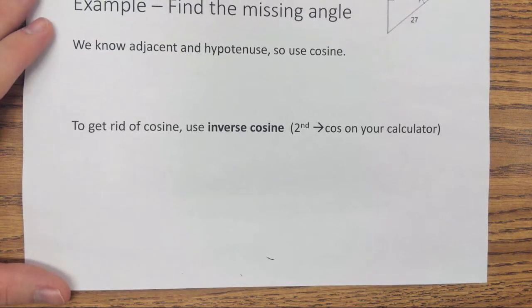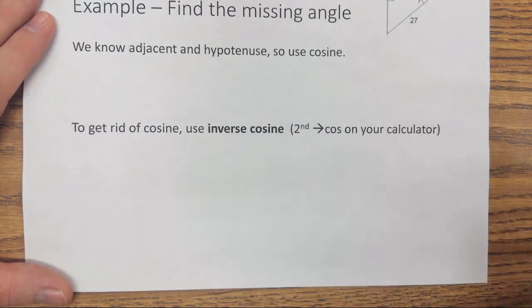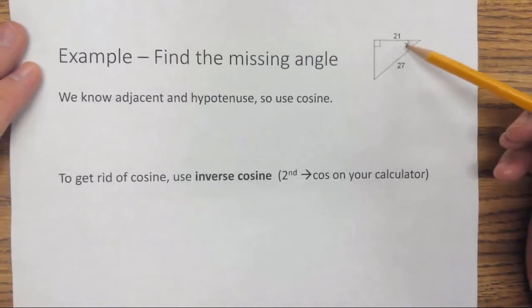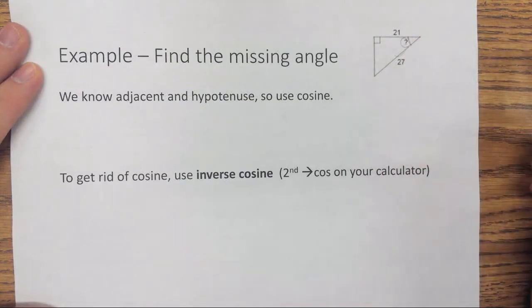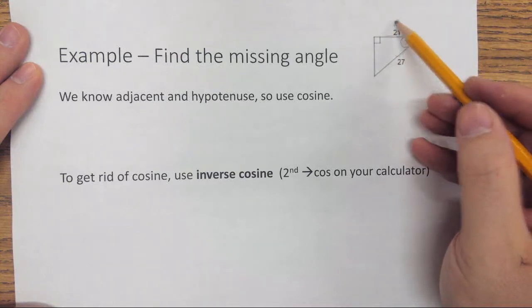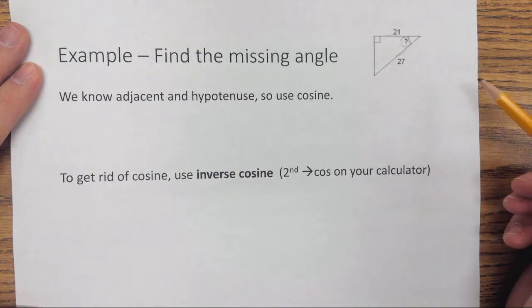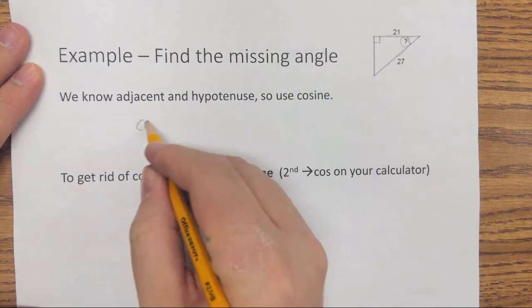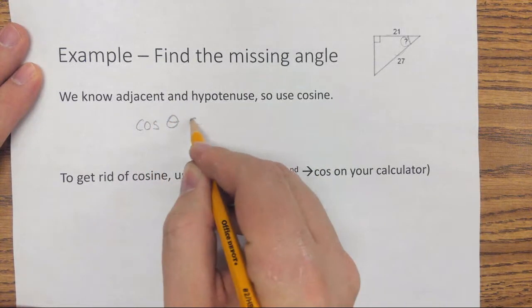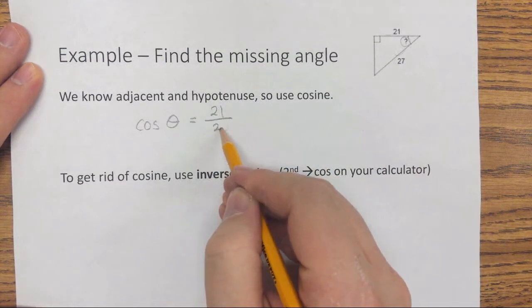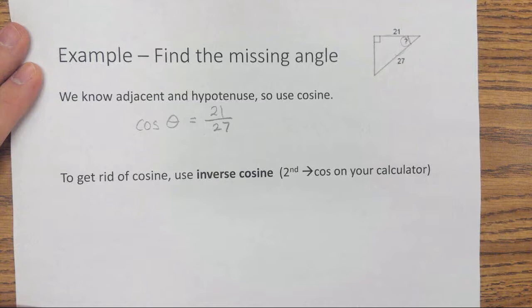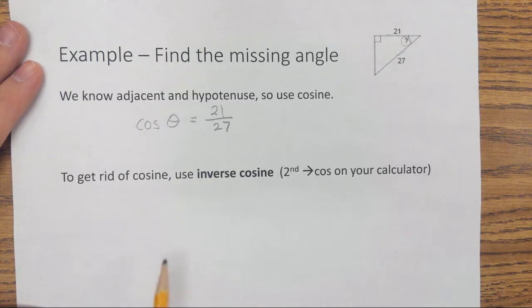Here's another one. Except this time, we want to find the missing angle. So here's the angle we're looking for. We've got the adjacent side and the hypotenuse, which means I'm going to use cosine. Cosine of the angle is equal to adjacent, which is 21, over hypotenuse, which is 27. Get rid of the cosine, we're going to use the inverse cosine function.